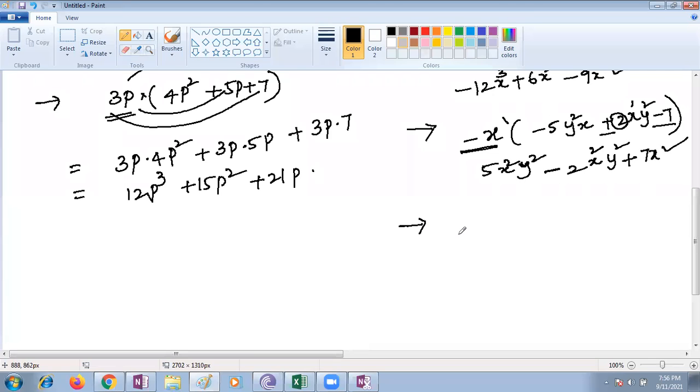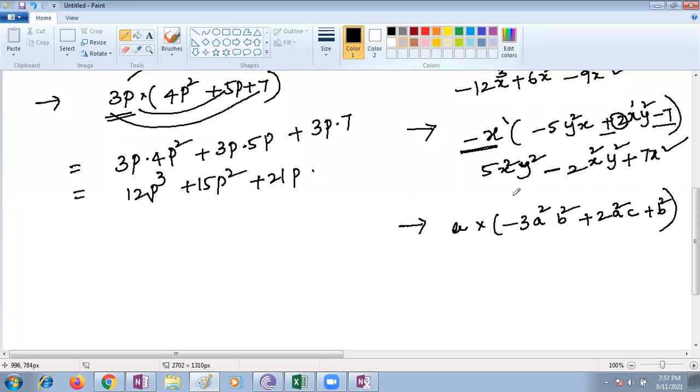Good, Abhinav. Abhinav, you are there? Yes, ma'am. This is your question. A multiplied with minus 3a square b square plus 2a square c plus b square.